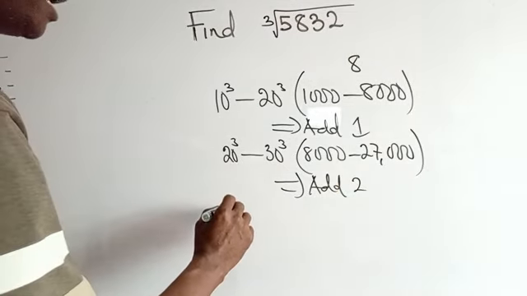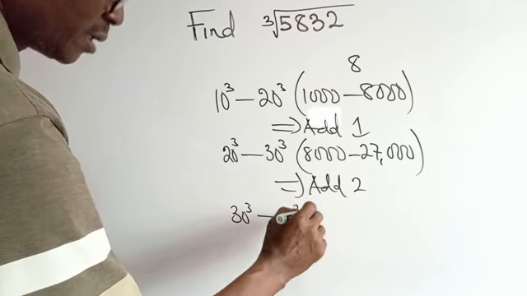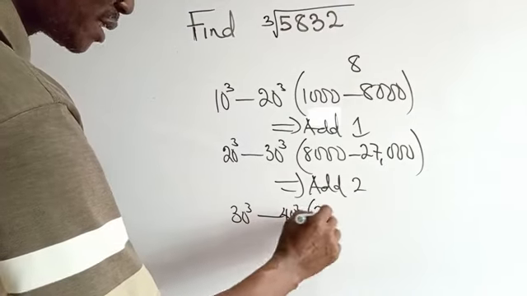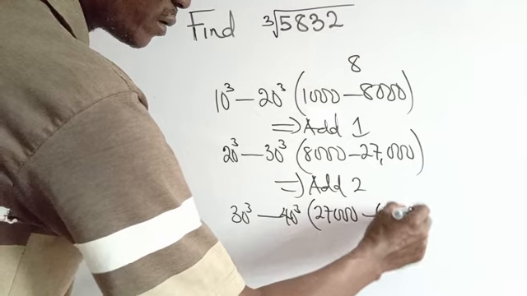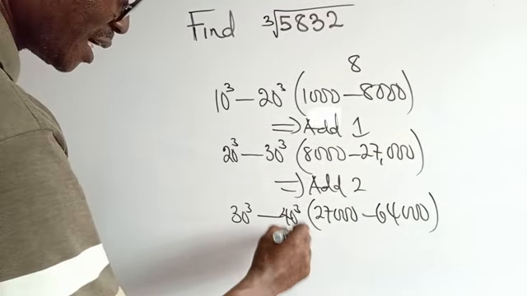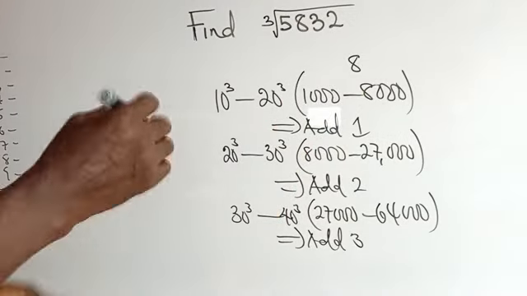If it's between 30 cubed and 40 cubed, which is 27,000 to 64,000, then you add 3. Now let's check.